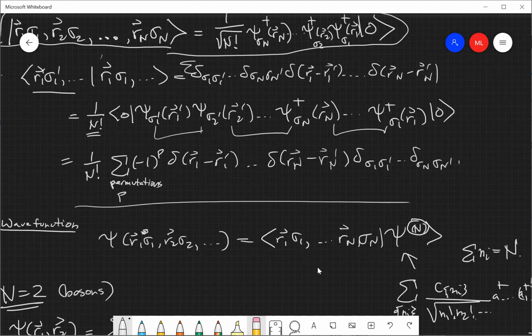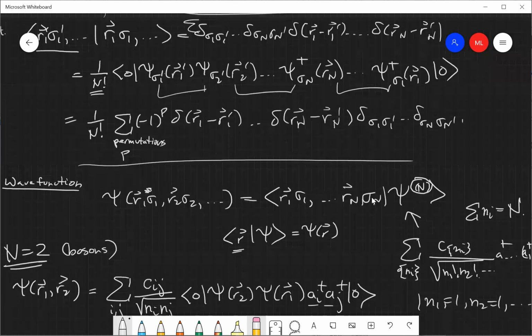It's the same as we did for one particle, where we took our state psi and sandwiched it with a coordinate ket, and this gave us the wave function. Same thing here, except now there are n particles. And what you do is you expand both of these in terms of creation annihilation operators acting on the vacuum.